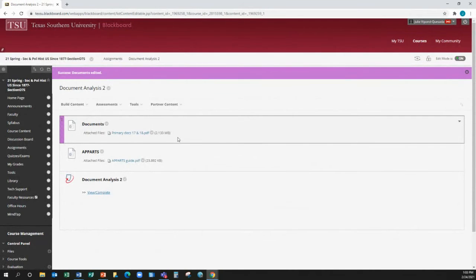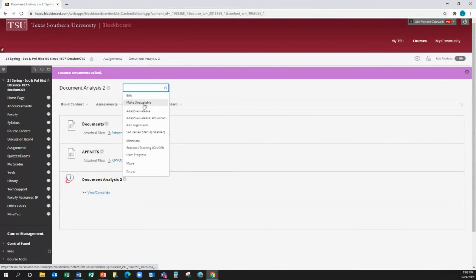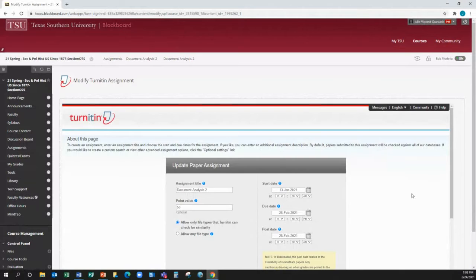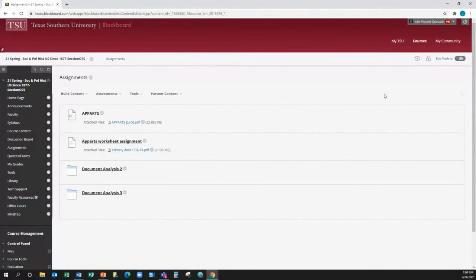All right, so it should all be available now. The documents are there. The guide again is there, and then this to view complete to submit is also there. Let me double check something real quick. Make sure I edited that. Okay, so the due date has been fixed. So everything should be available now on that for you.